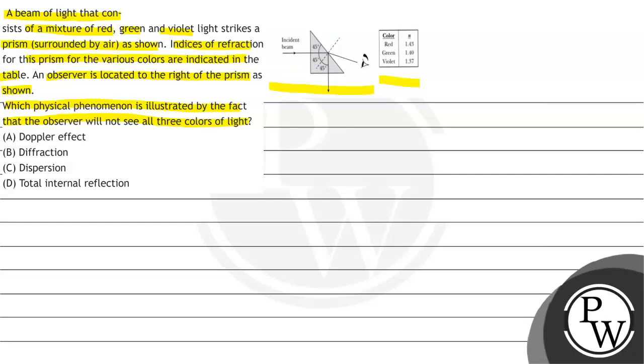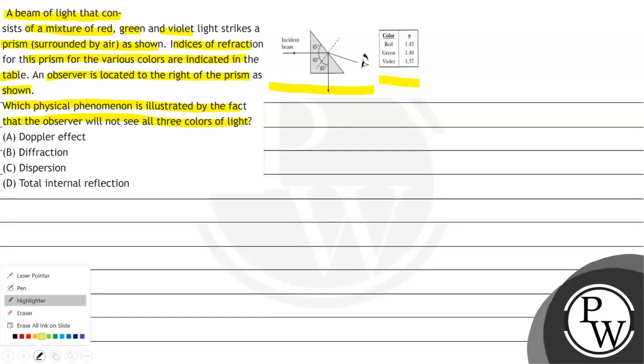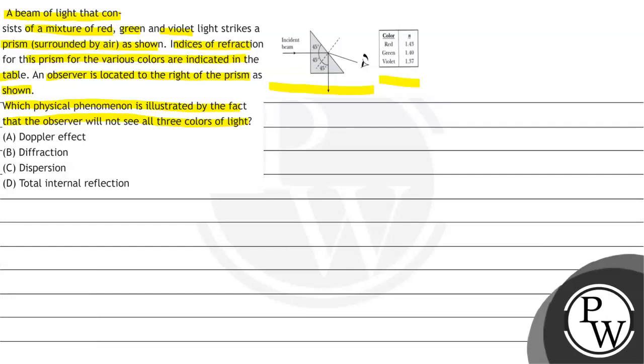We are given four options, which are four physical phenomena, out of which one correctly describes the situation given in the question. So let us first revise the key concepts behind this question.